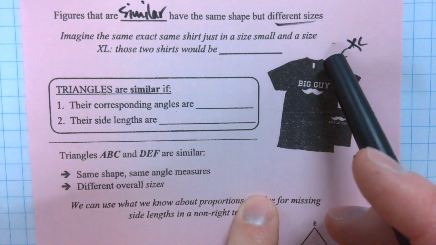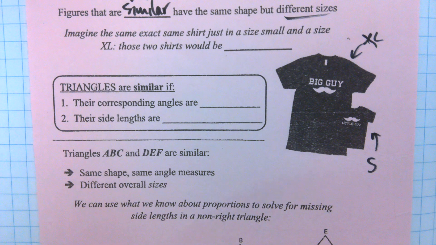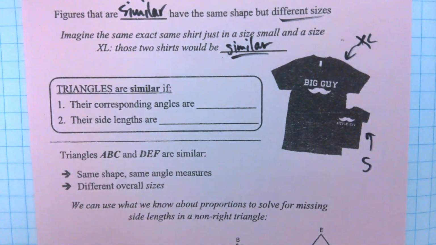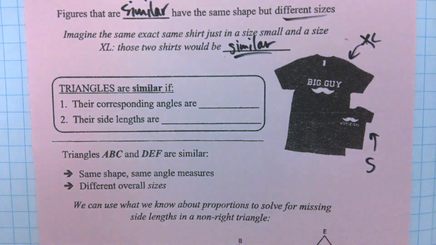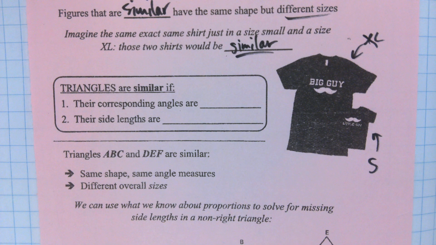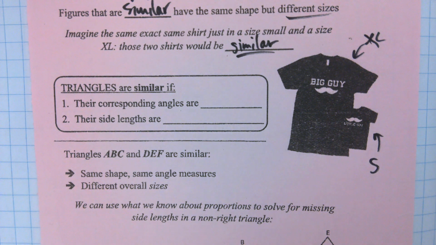They're shaped the same, but they're different sizes. So these two shirts would be similar. Now, if I took a hoodie and a crew neck, one has a hood, one doesn't, those wouldn't be similar because they're not shaped the same, right?